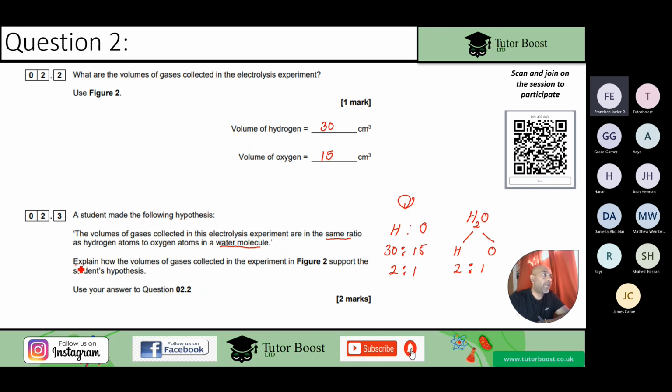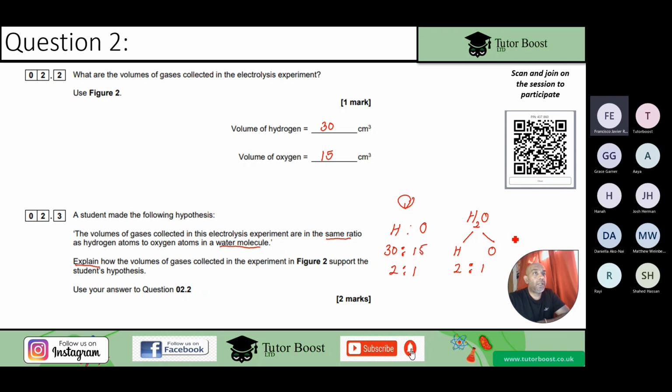So you can show this working and say that when you work out the ratio of the volume, it is 2 to 1 and the atom ratio is also 2 to 1. So you get 1 mark for making reference to the correct formula of water, and for working out the correct volume ratio.